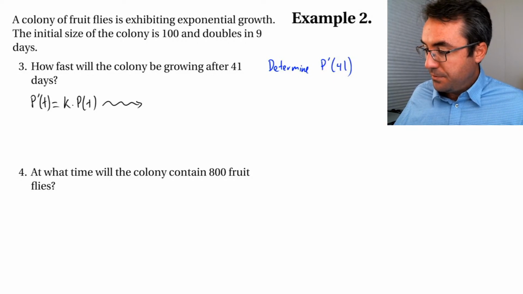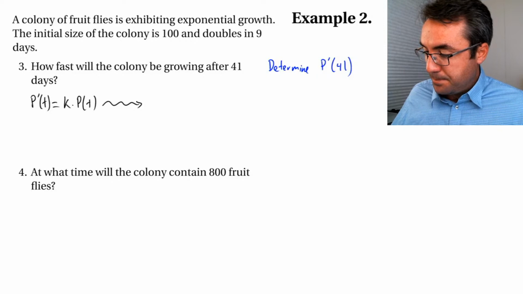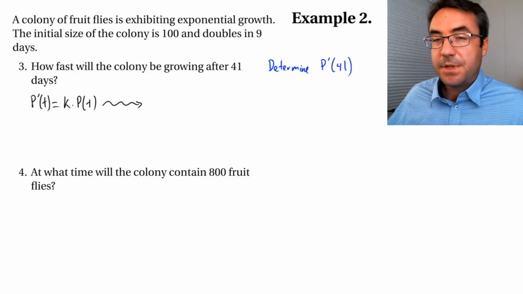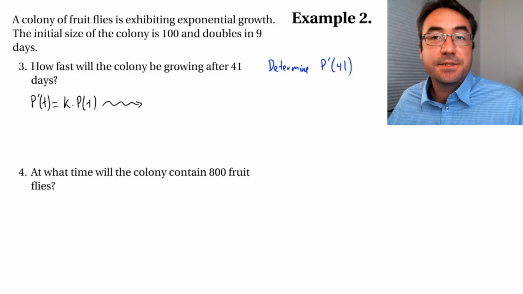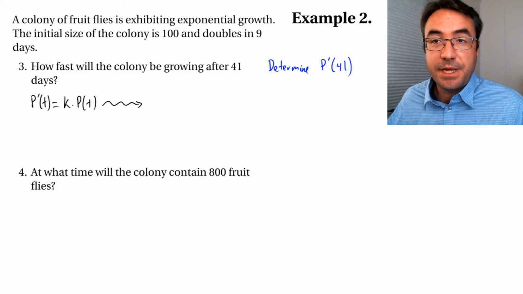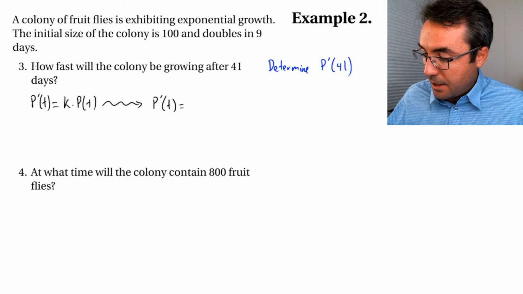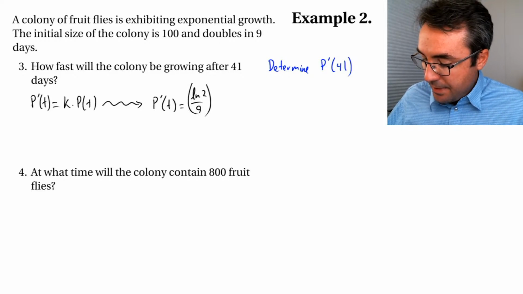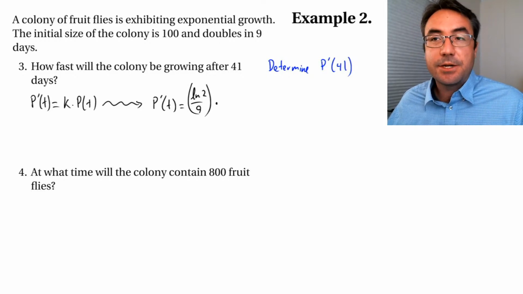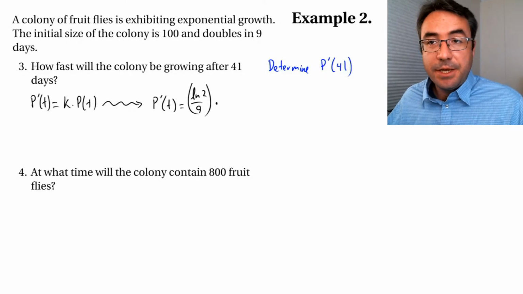So if we were to evaluate, well, let's actually just fill in what k is for this particular example. So we get P prime of t is equal to, our growth constant k was natural log 2 over 9. And then let's fill in what our population is.